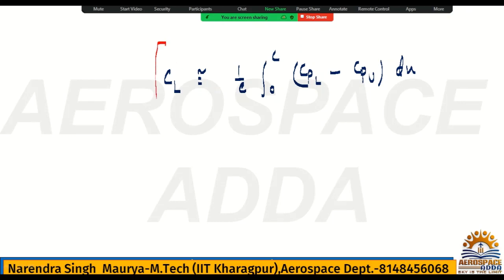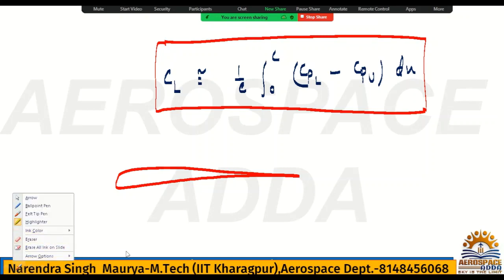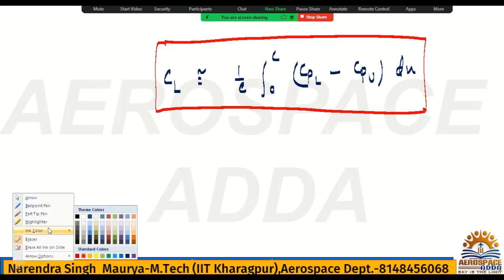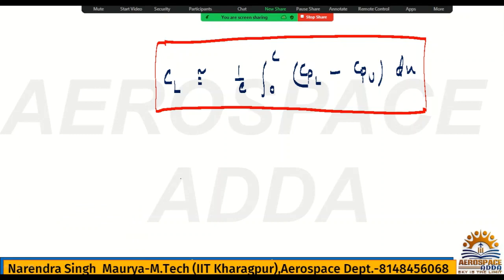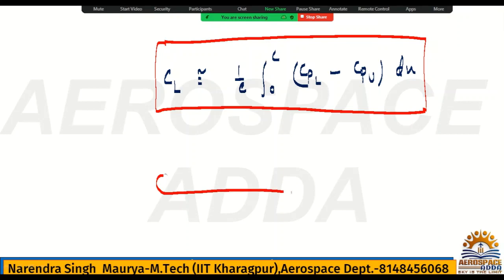If there is a wing, or an airfoil, because you have taken unit length, so it becomes an airfoil, and you have a distribution of the pressure coefficient, this is x.